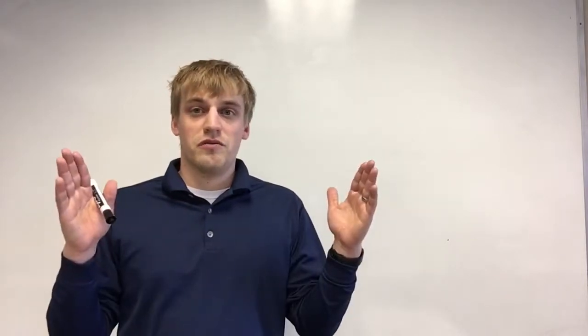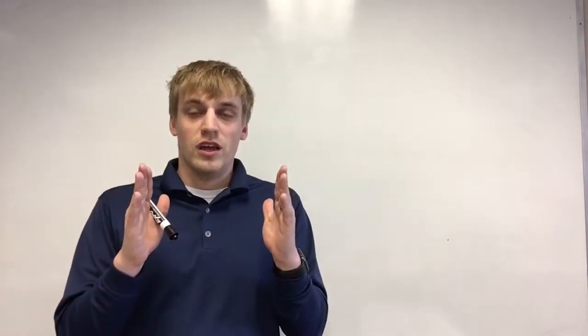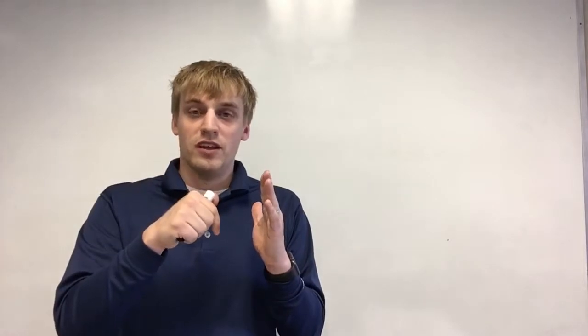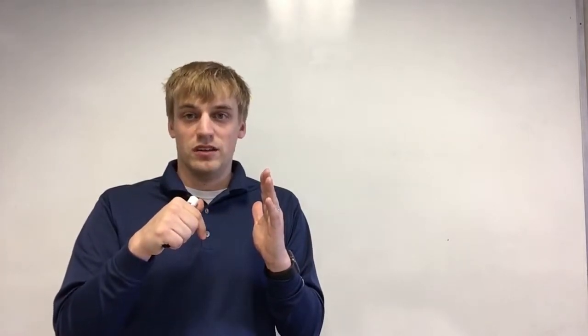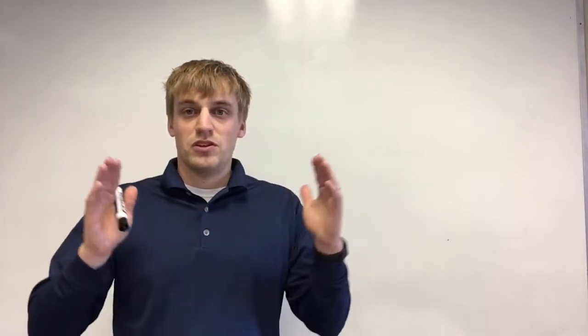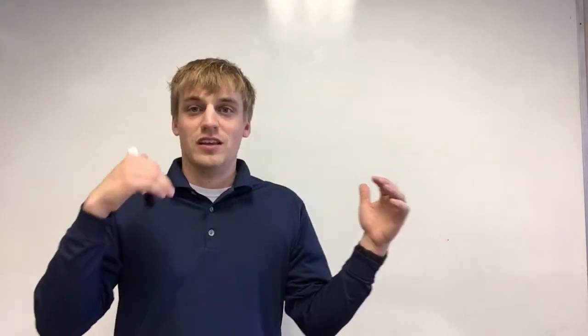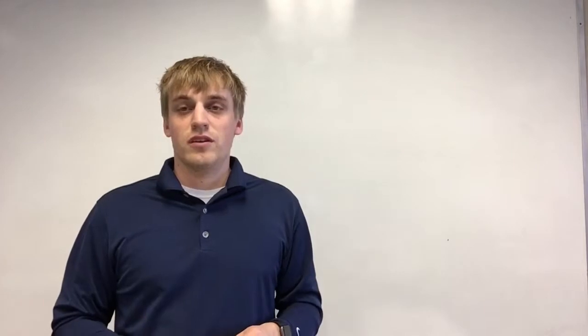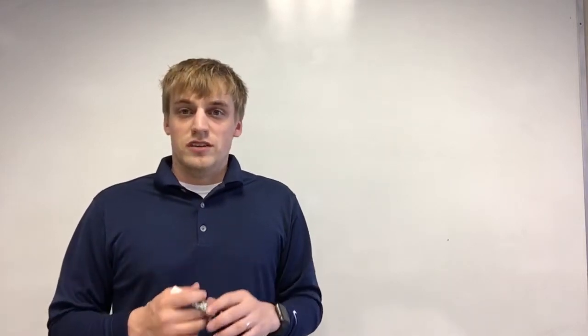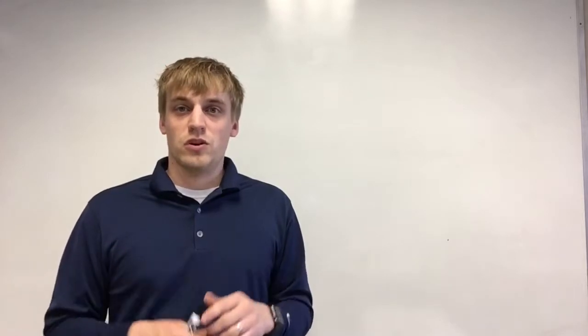So if the measure of variability is small, then we can be more confident in the measure of central tendency that's in the middle. If the measure of variability is big, we can be less confident in the measures of central tendency.